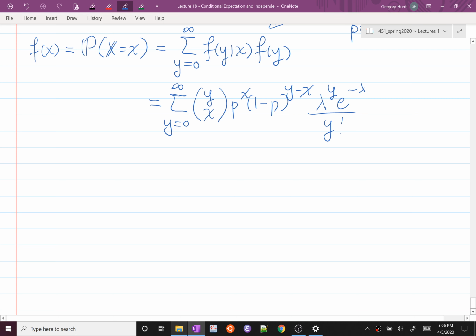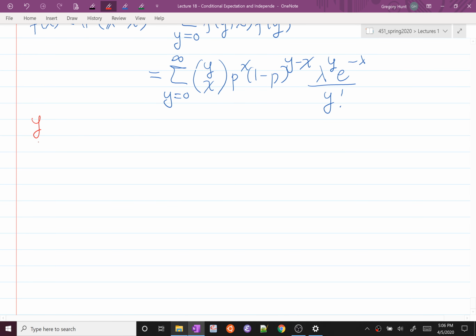A couple notes here. We can use a little trick, we've seen this before: y choose x times 1 over y factorial. We're going to take that term and that term, and if we do this out, this is y factorial over x factorial y minus x factorial.